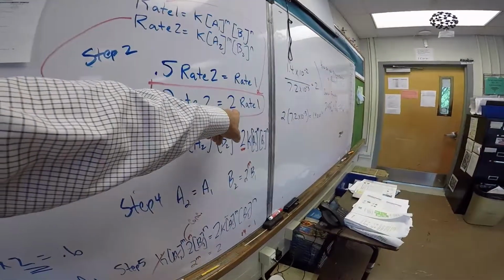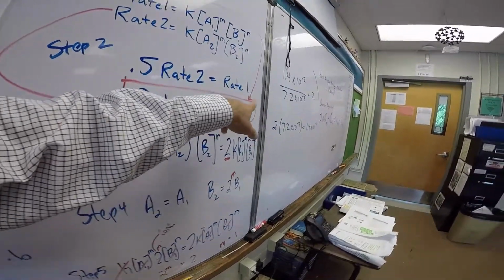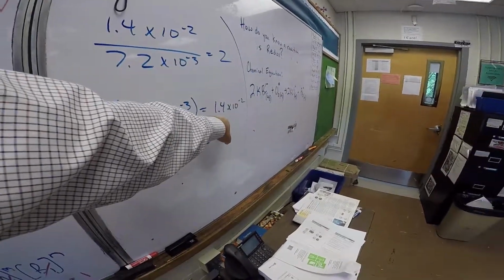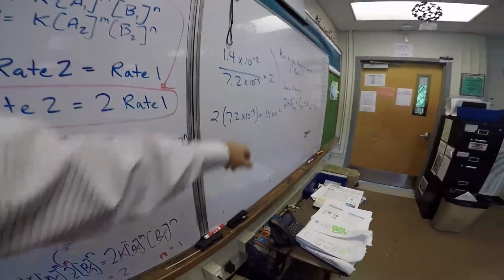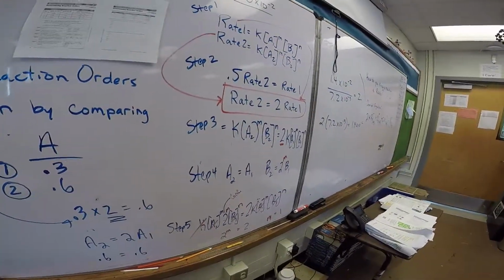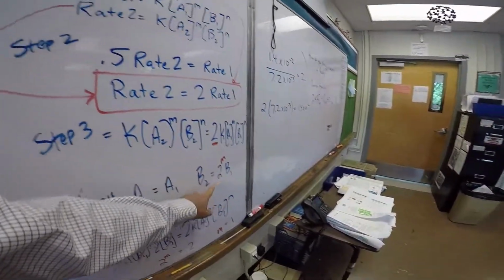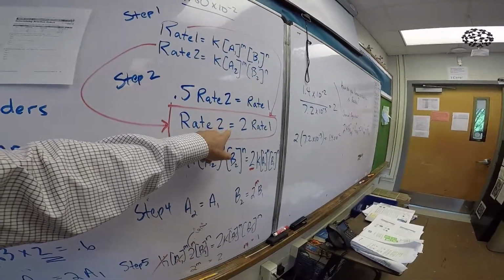Now this right here is your actual rate. Remember we said over here it takes 2 of these to get this rate. So this is a rate. This number here is associated with the rate. This is a rate. This is a concentration. Does everybody see the difference? We're looking at concentration here. We looked at rate up here.